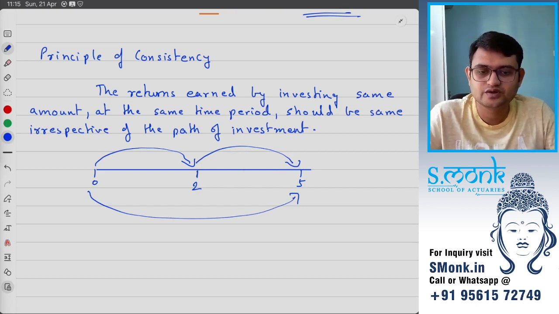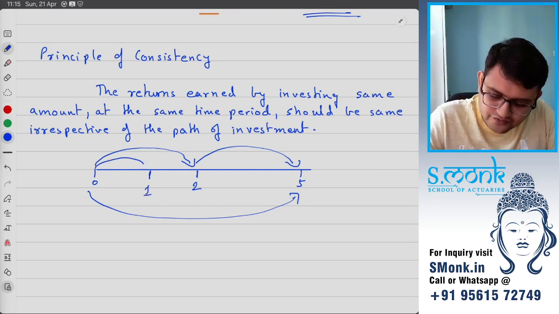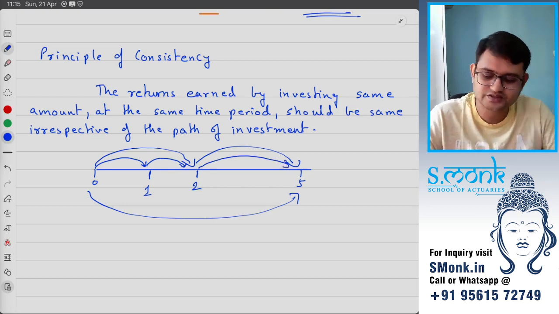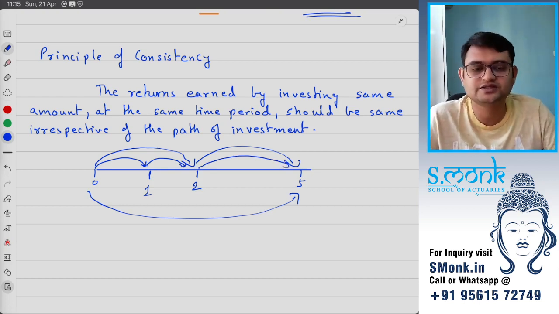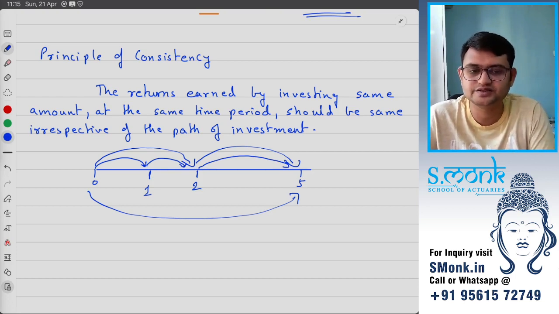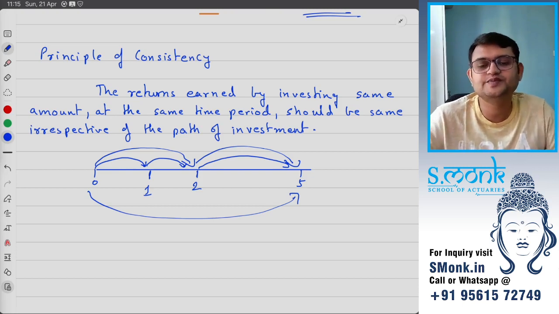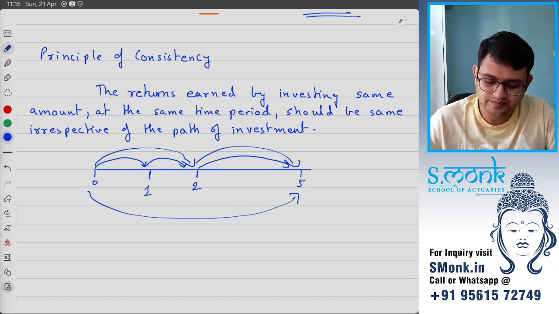Or if I had, let's say, invested for 1 year, then another 1 year, and then for 3 years, that is a different path. Irrespective of the path taken, the returns earned should be exactly the same.